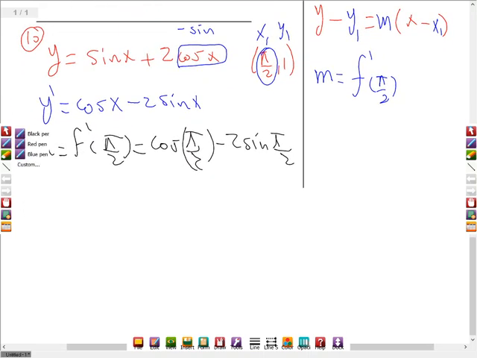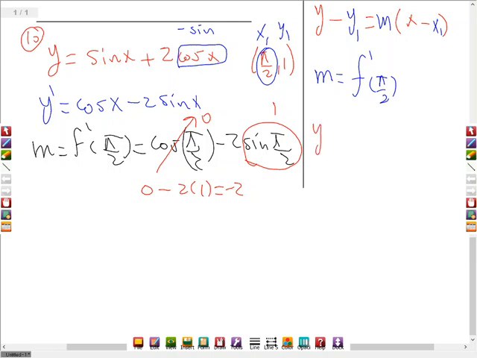Now, cosine pi over 2 is very well known, 0, and sine pi over 2 is 1. Then 0 minus 2 times 1, which is negative 2. Let me go back to my answer here. y, I'm going to leave it red, minus 1 equals negative 2 times x minus pi over 2, and I have all my values in blue.